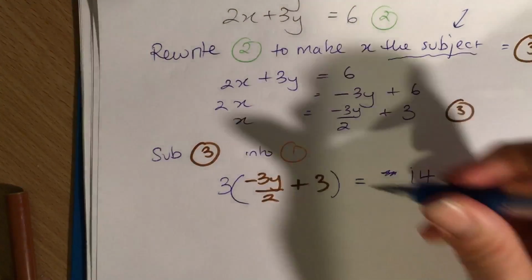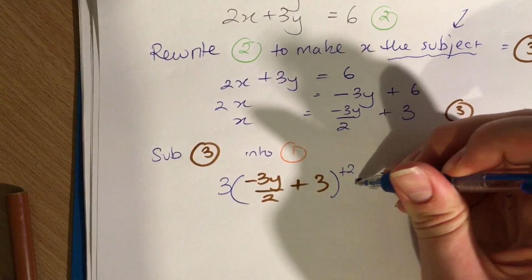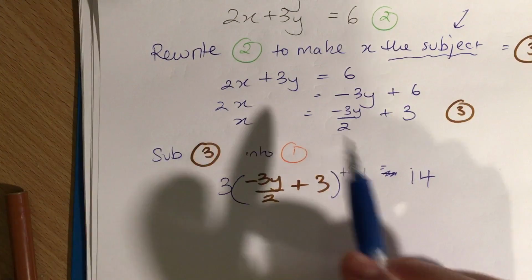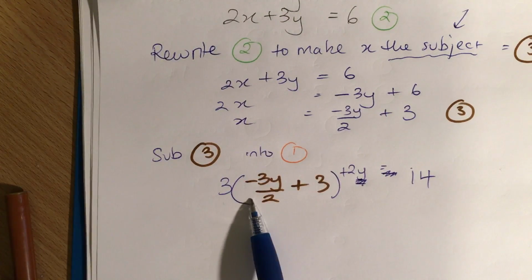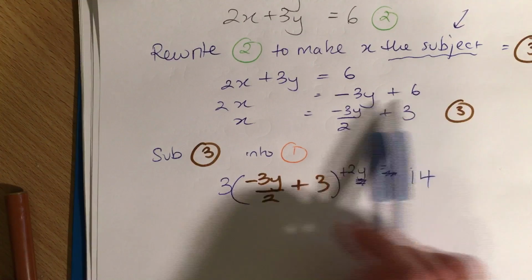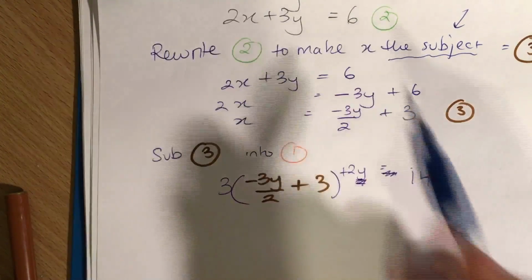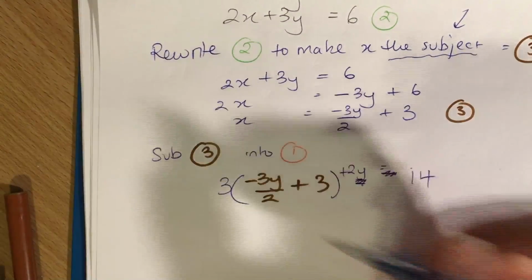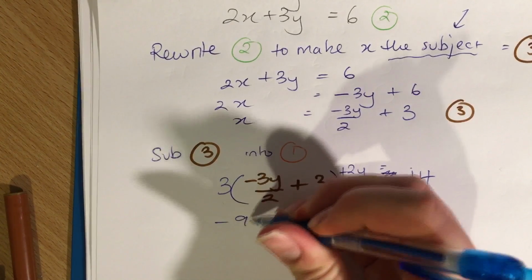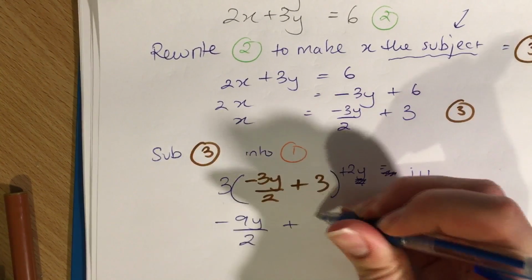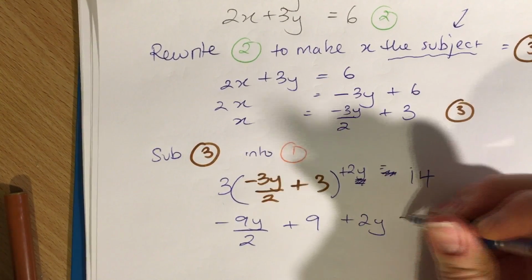That's what we need to do. Oh, and there should be a plus 2y. I'm just daydreaming here, getting far too excited. So I've just replaced every time I see the letter x with this little expression here, plus 2y equals 14. So we're going to expand these brackets and get negative 9y over 2 plus 9 plus 2y is equal to 14.